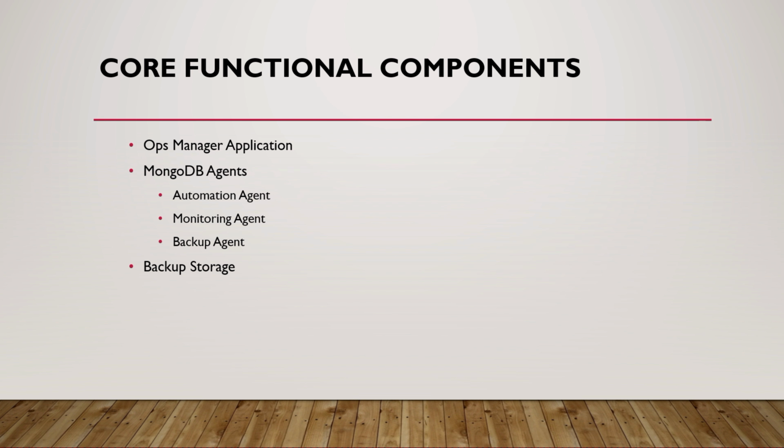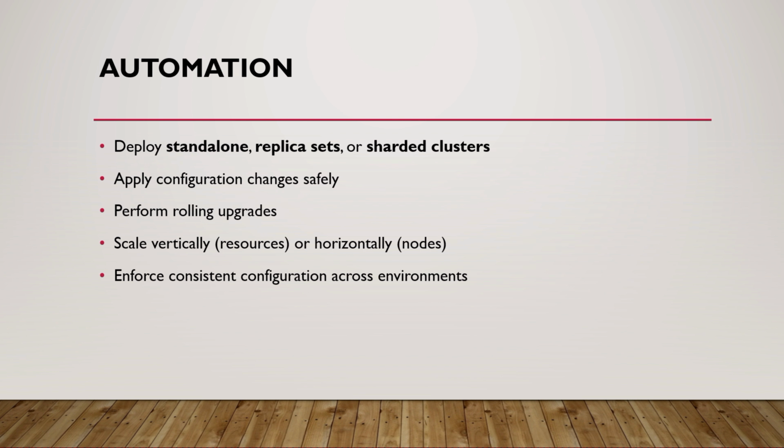Backup storage. Ops Manager stores snapshots in a local file system, S3-compatible storage or block storage. And backup uses WiredTiger incremental backup cursors for efficient data capture. So let us go in depth on the features.